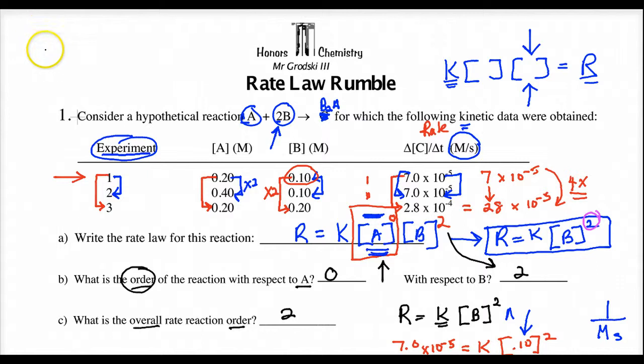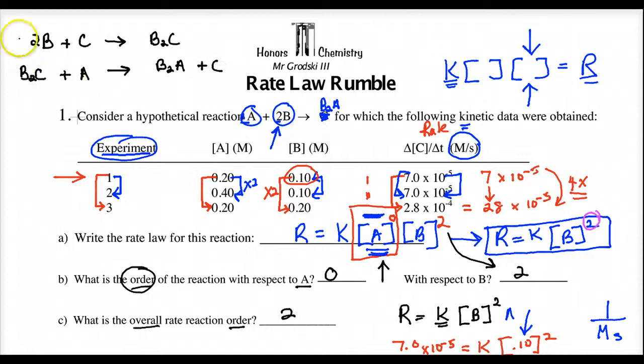So I'm going to propose a mechanism. I'm going to say, all right, 2B plus C, could be some catalyst, equals B2C. B2C would be the second step, plus A gives me B2A plus C. This is the first step, and this could be the second step.